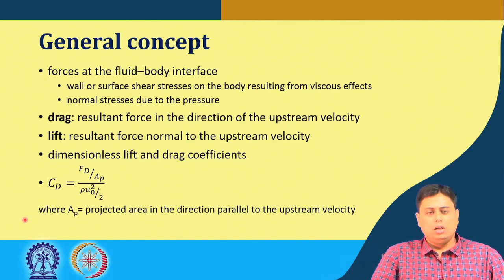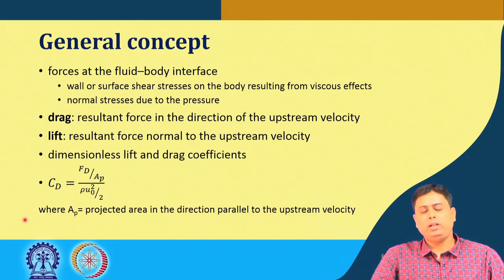These two components actually contribute to the overall drag force. When we calculate the drag force, it has a component of this shear stress drag and the normal stress drag, which comes from the pressure.